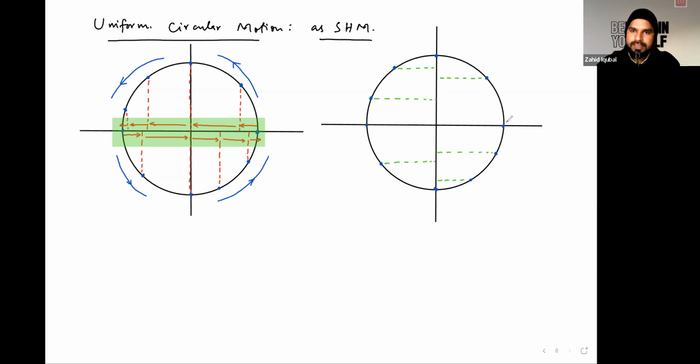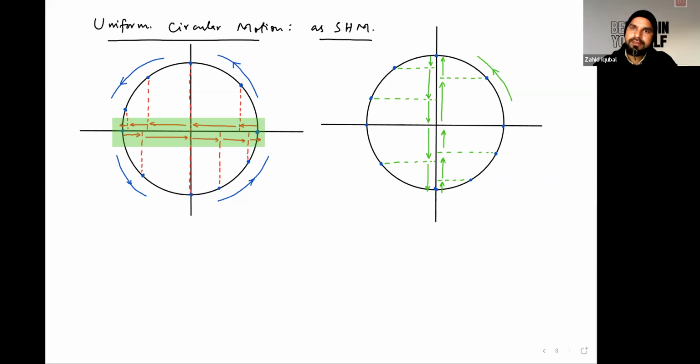It means if the particle starts from this, going along this way, the motion of the projection will be then return back to reach at this point and further to reach at this position.